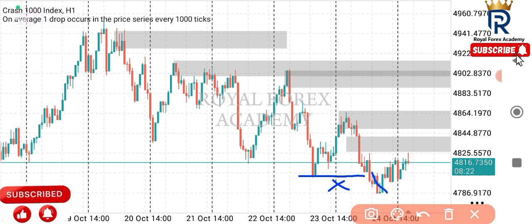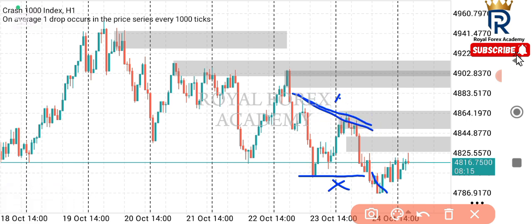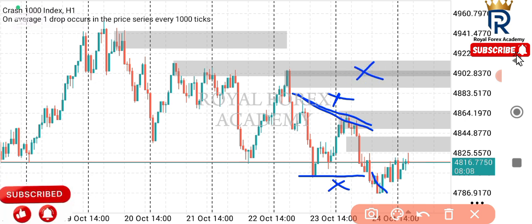But now we have a dynamic liquidity sitting here. This is a liquidity that is sitting here. So mind you, this particular order block here has not been mitigated. This other block has not been mitigated. This one too has not been mitigated.